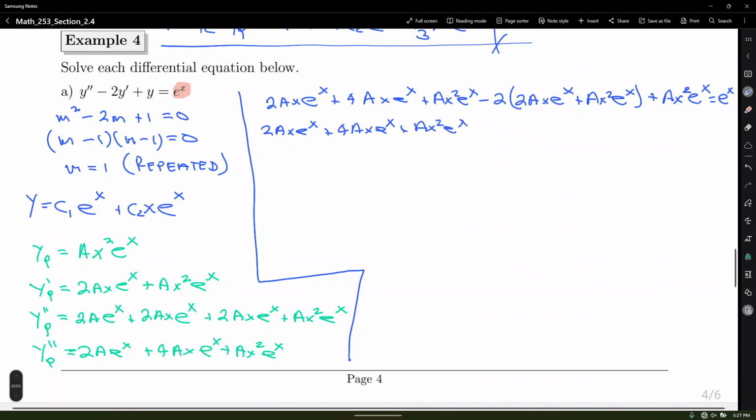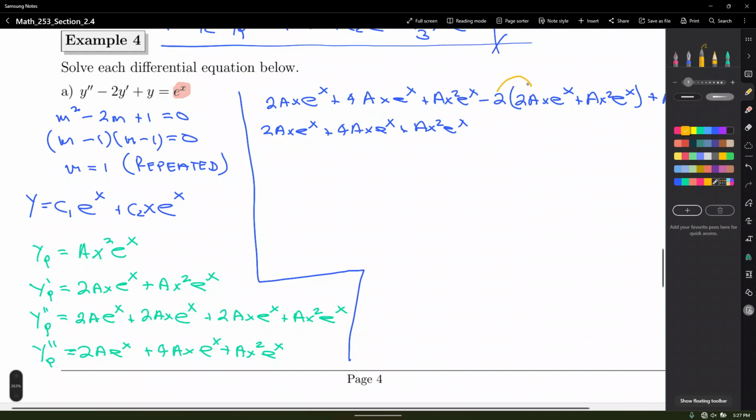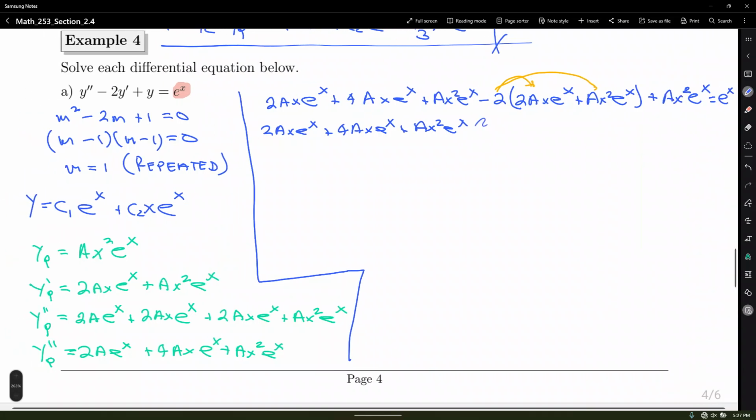Distribute carefully here: negative 2 times 2, negative 2 times a, so minus 4ax e to the x minus 2ax squared e to the x. And the last term, just bring it down: plus ax squared e to the x equals e to the x.